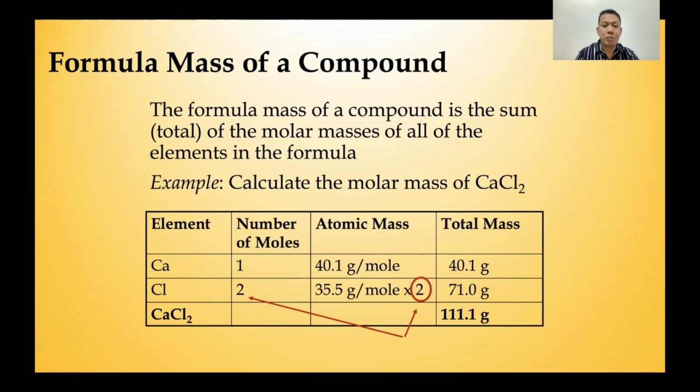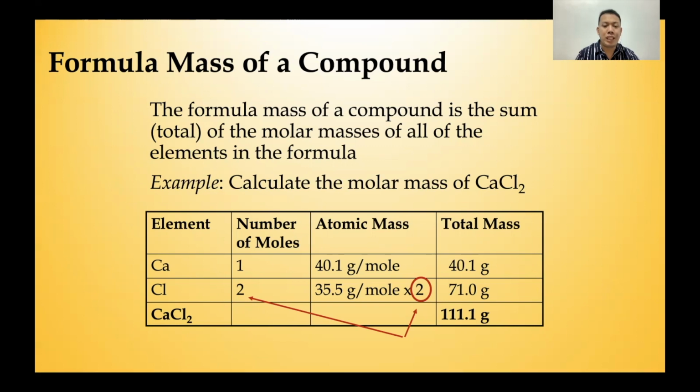For calcium, you have Ca1 because, as we all know, if there is no subscript for the atom, it is automatically 1. So it is 1 times 40.1 grams per mole, which is the atomic mass unit of calcium. So 1 times 40.1 is 40.1 grams.